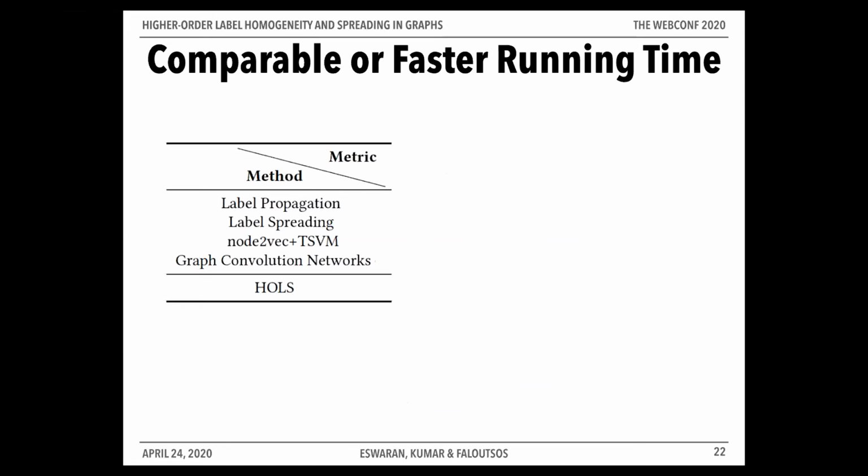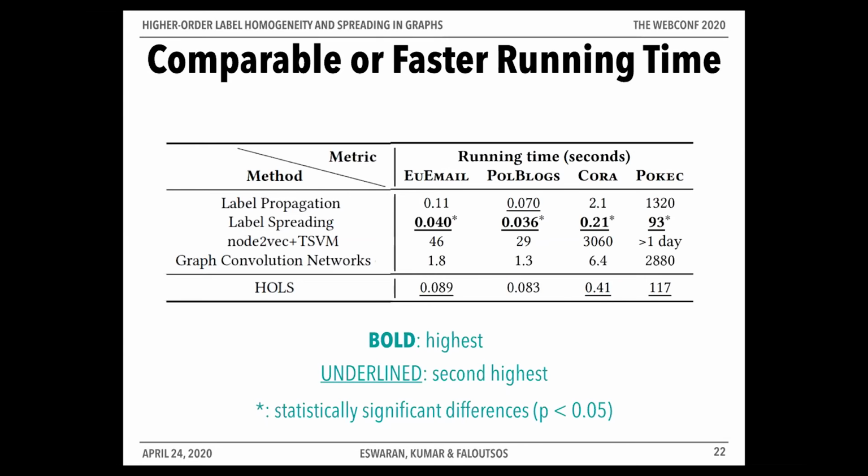It's comparable or faster in running time. It tends to be about 10 times faster compared to more recent methods, giving comparable values of accuracy. And it tends to be as fast as the traditional methods, which rely on very fast sparse matrix operations.